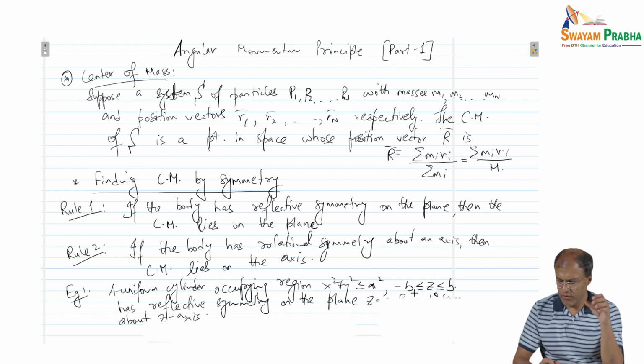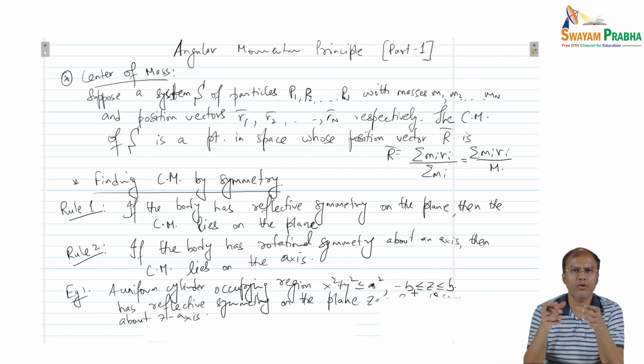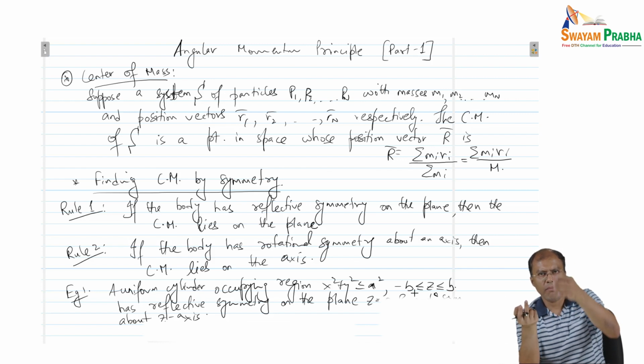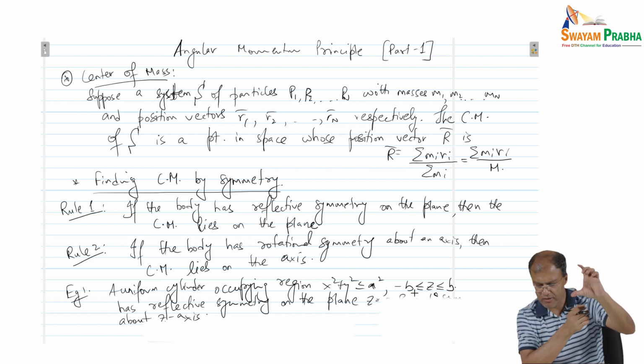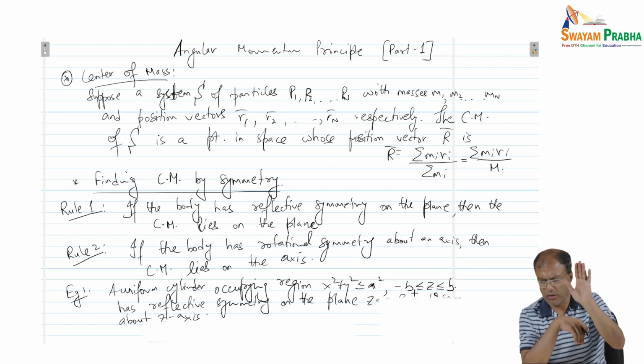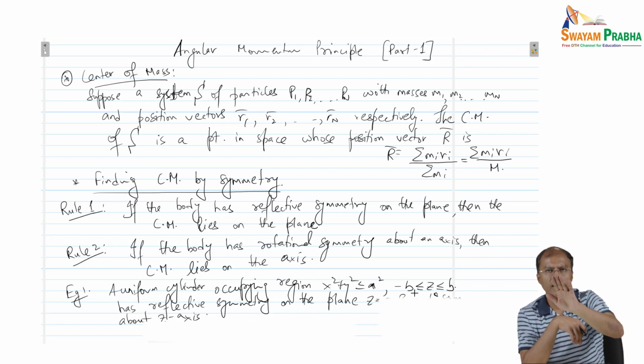So let's say we have a uniform cylinder which is kept with its circular part parallel to the xy plane, and it's parallel to the z axis. It has a reflective symmetry about the plane z is equal to 0, and it also has a rotational symmetry about the z axis.